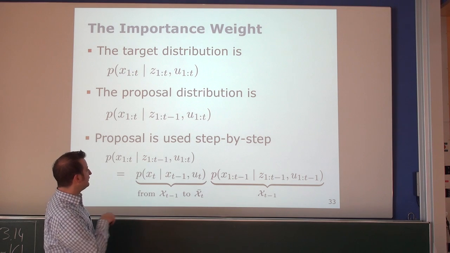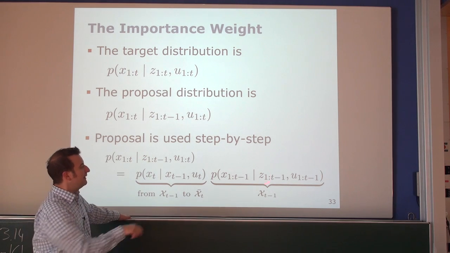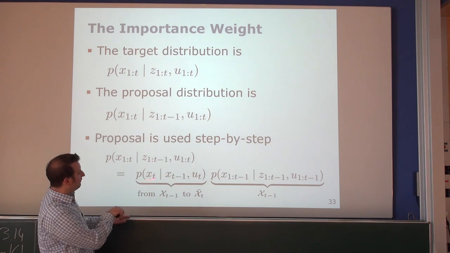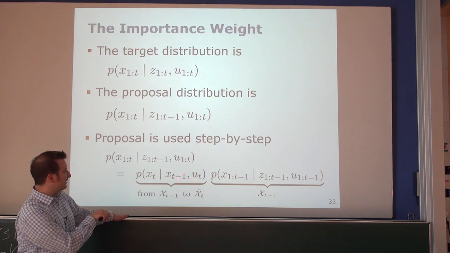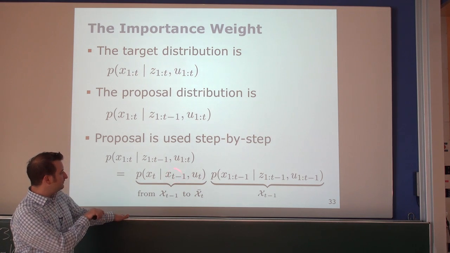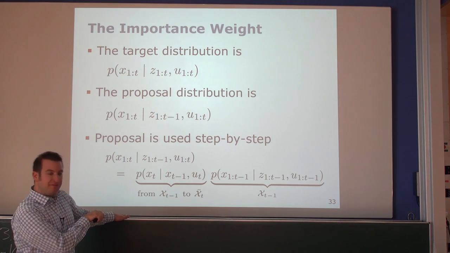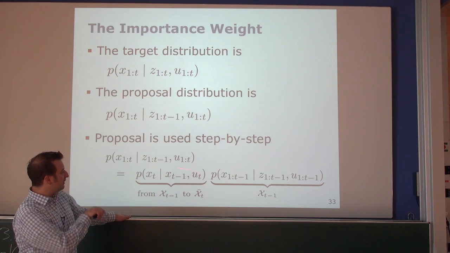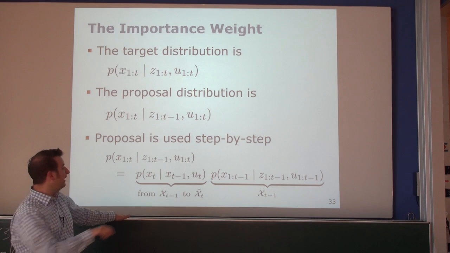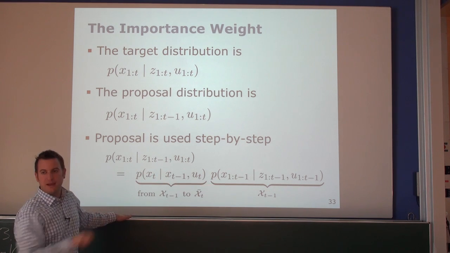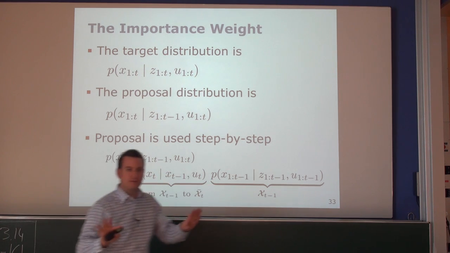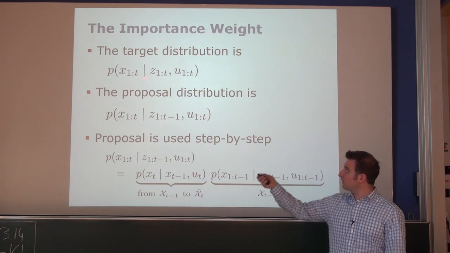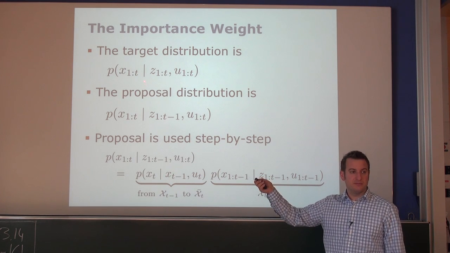And I say the proposal is built by a step-by-step process. So I have some kind of recursive belief which I use, and I evolve the samples according to this equation. So I take the belief at the previous point in time. This is the recursive part here. I take the odometry and propagate that forward. So I can write my proposal in this way. Is that clear? So is everyone clear that this is the target distribution?